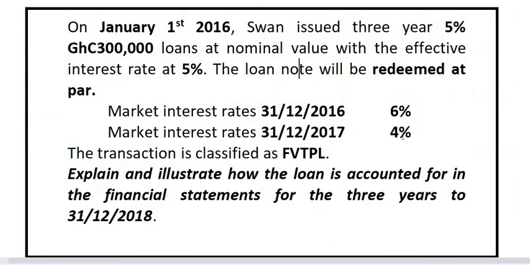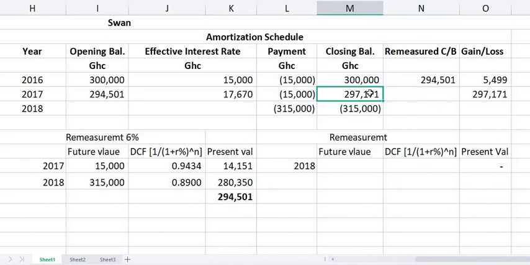because since the effective interest rate at the end of 2017 reduced to 4%, the rate effective in 2018 is 4% and no more 6%, which means we need to remeasure our closing balance so that it suits the 2018 4% market rate changes.